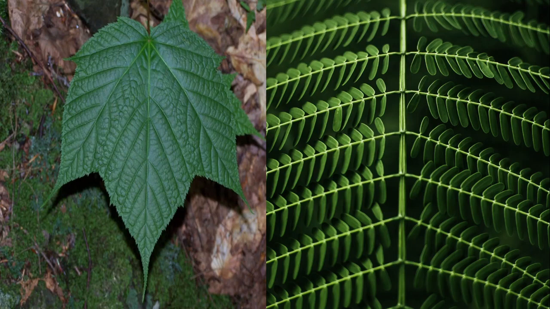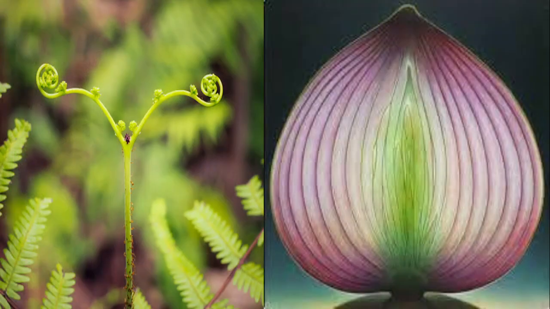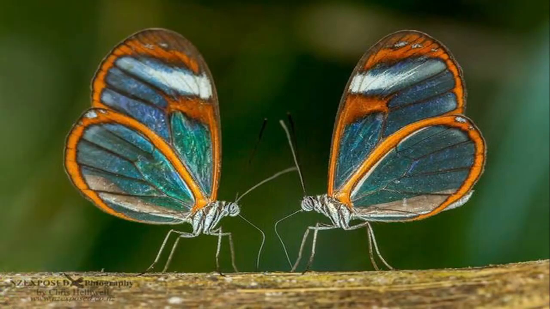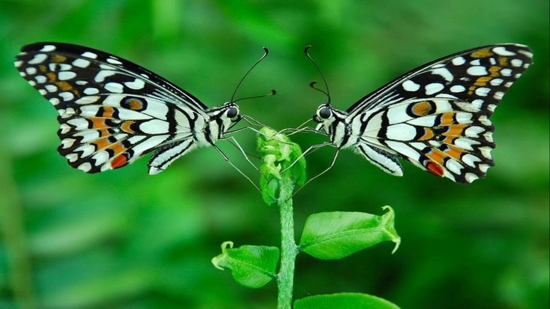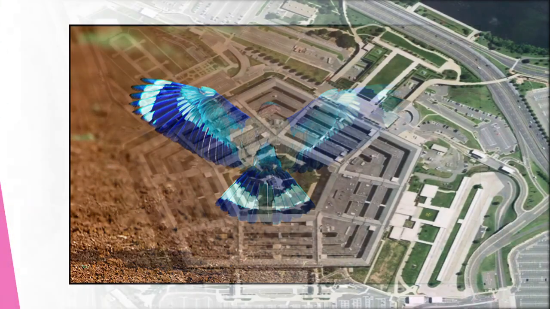So these are some organisms present in nature. See the onion, then the spiral leaf-like structure. These are again butterflies. So there is some kind of symmetry present.